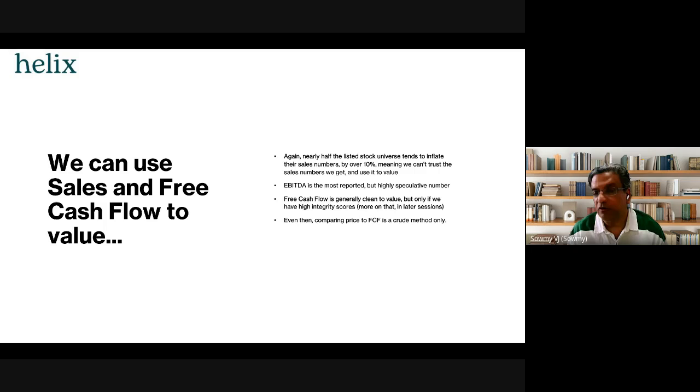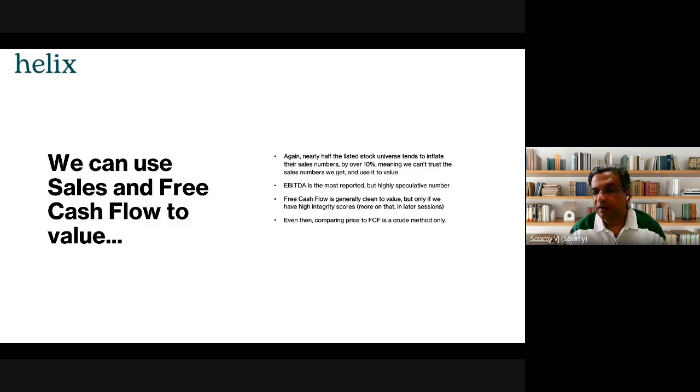You've got to be Enron to do that. That takes excellent skill sets, so that doesn't happen a lot. If you have confidence in all of this, and you're giving them a very high integrity score, then using free cash flow to value that company is a very fair mechanism.